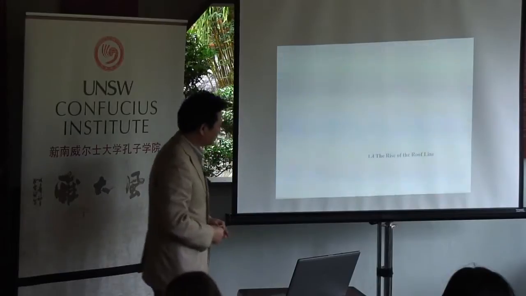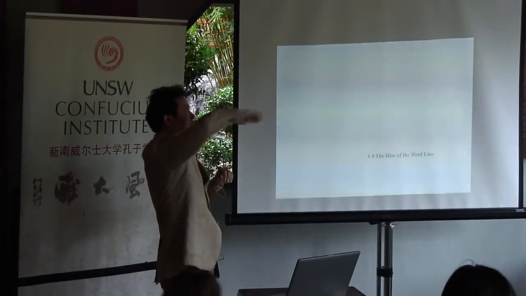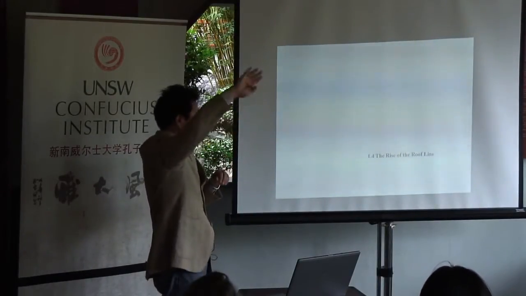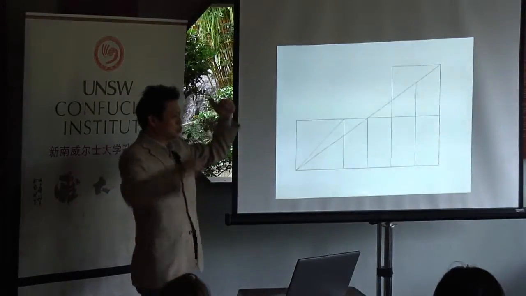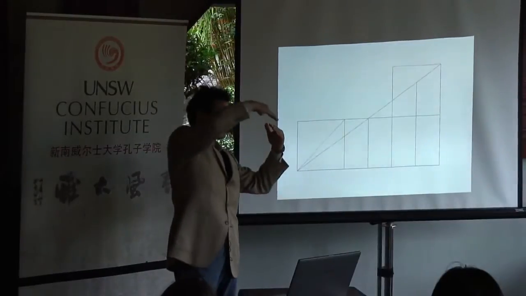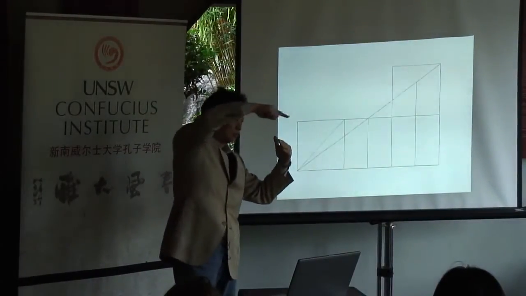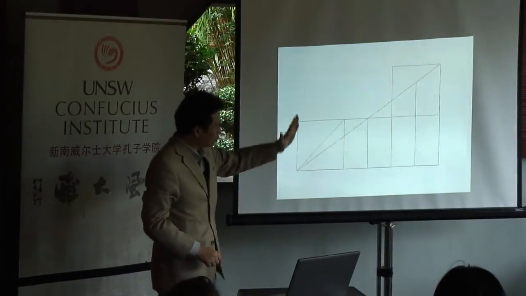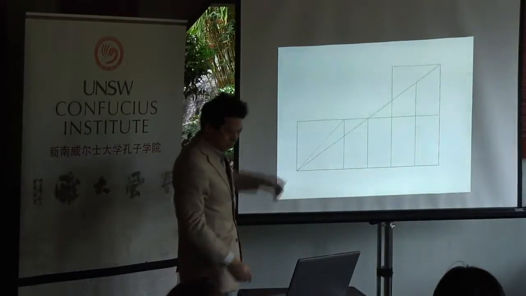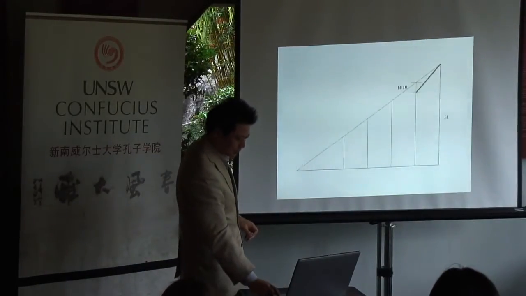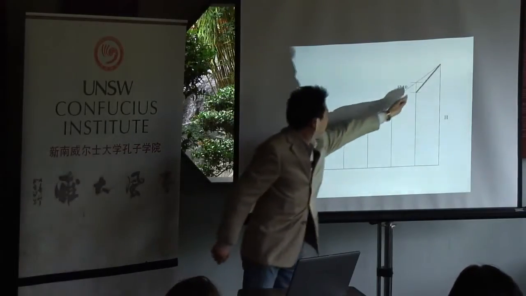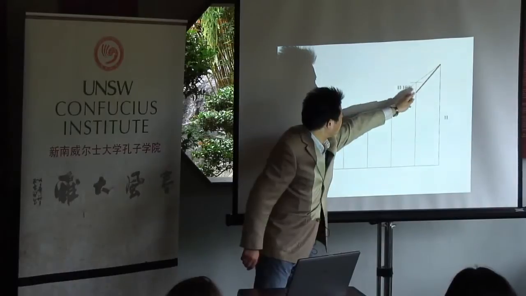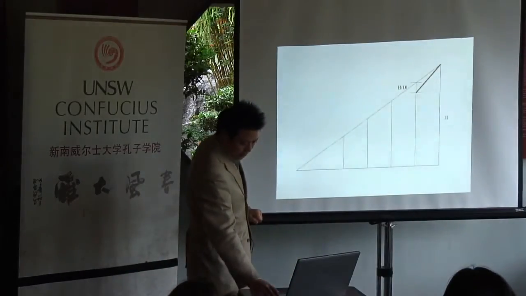The other very important thing for the image of the roof is the rise of the roof line. We know the Chinese roof is not straight, it's actually curved. How to make the curved roof, I will show many pictures. The first distance we use is like this.